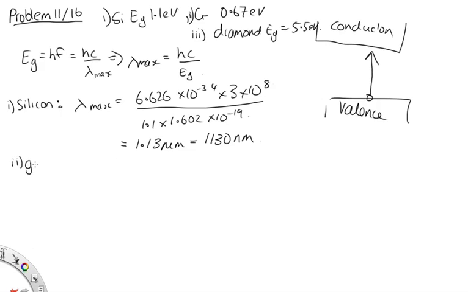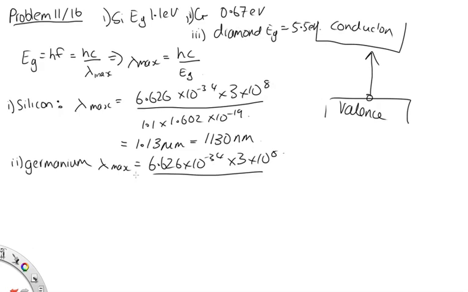In germanium, we just substitute in again 6.626 times 10 to the minus 34 times 3 times 10 to the 8 over, in this case it's 0.67 times 1.602 times 10 to the minus 19, and we end up with 1.85 micrometers. Should be a 5.